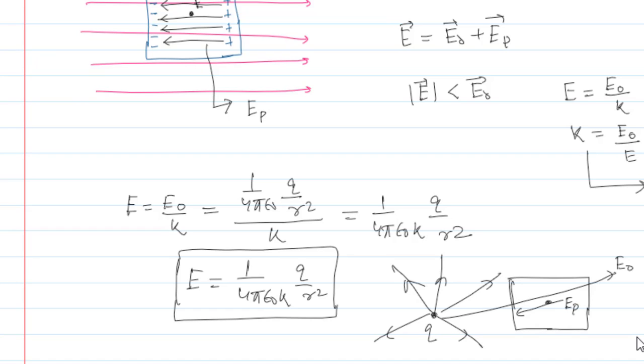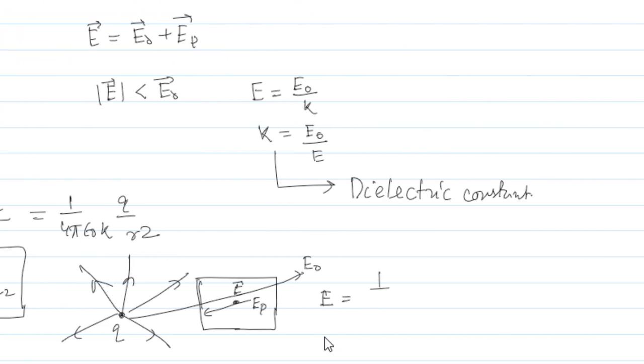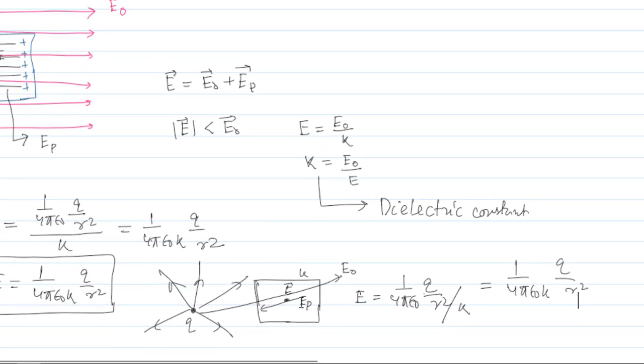So the electric field at this point is equal to how much? E can be written as 1 by 4 pi epsilon naught q by r square divided by k, if the dielectric constant is k. So it is 1 by 4 pi epsilon naught k q by r square, right? So this is the expression for the electric field inside that dielectric.